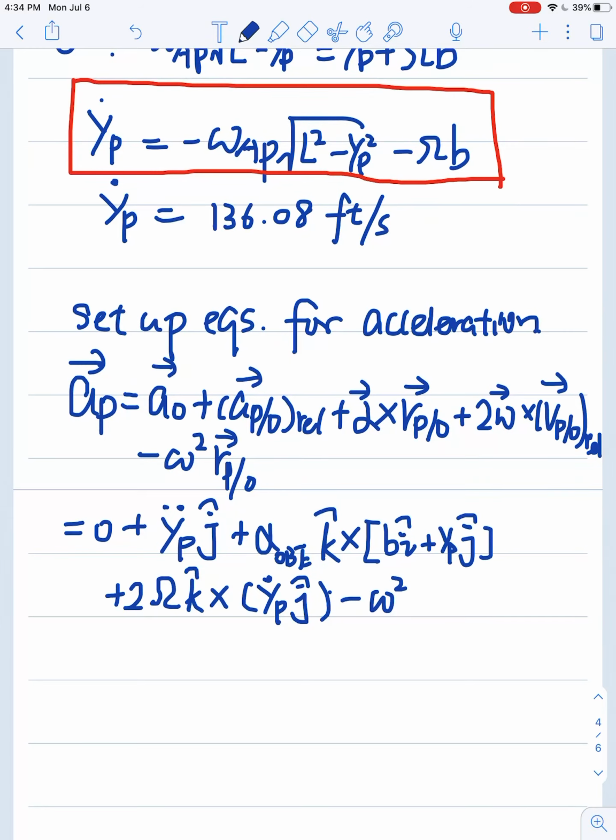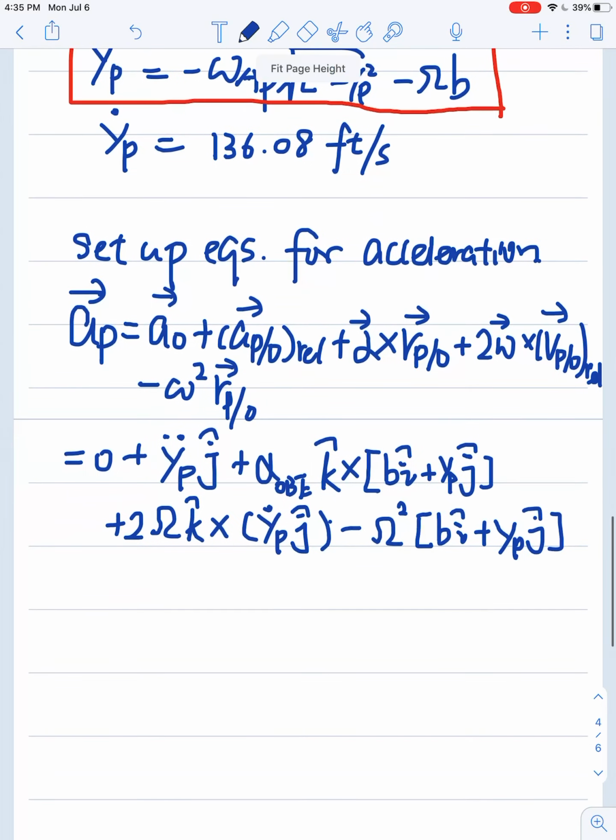Good. Then we minus omega square times RP slash O. Here RP slash O is the position vector, same as the RP slash O here. So these two position vectors are the same, so we can just copy what we got here. So it's Bi plus YPj.